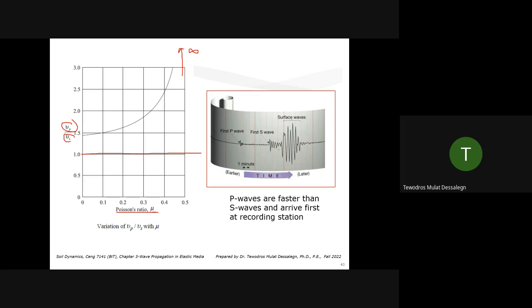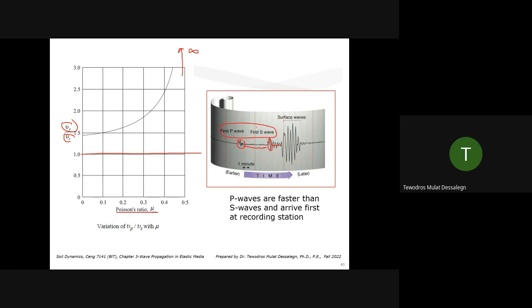When an earthquake occurs, this is a sample from a recording station. First, we see the P wave. It arrives first. Then the S waves arrive. Then the surface waves: the P and S waves are the body waves.